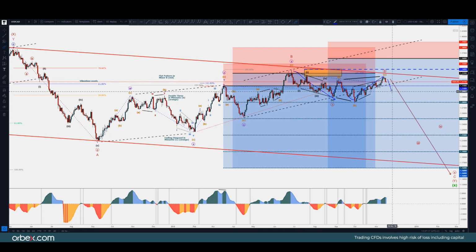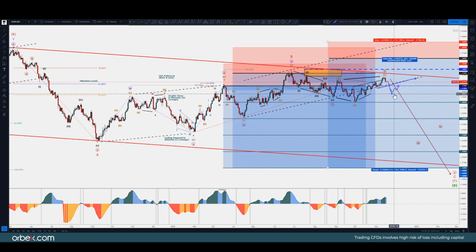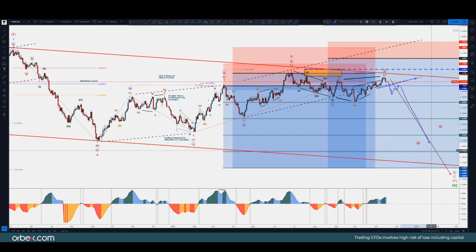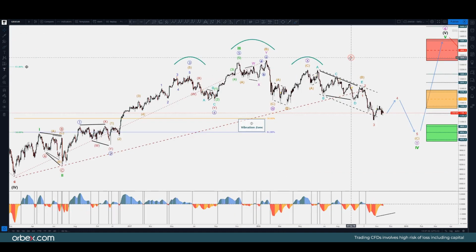I'm curious to see if it breaches through this lower trend line, because this could be quite a bearish sign, especially if it goes in a corrective sequence in a bear flag and possibly continues on the downside, right? So I will be keeping my eye on that.